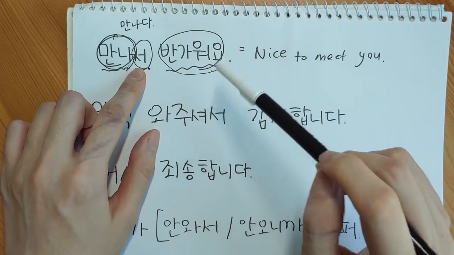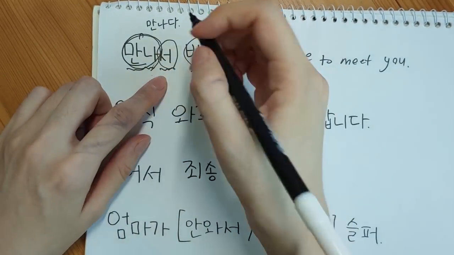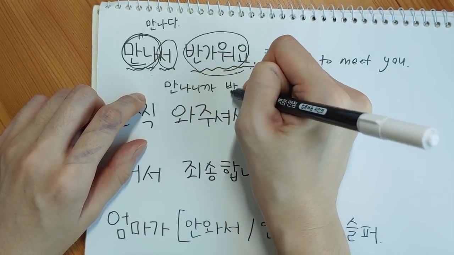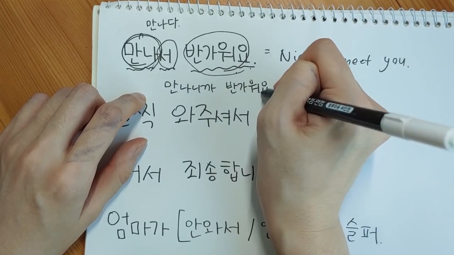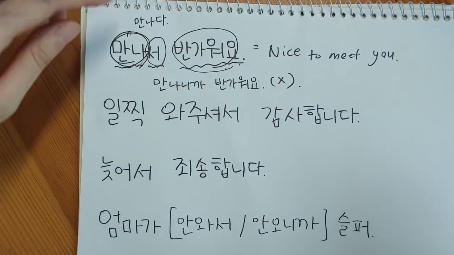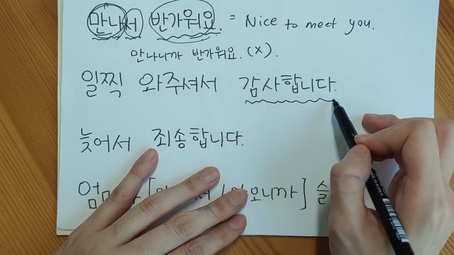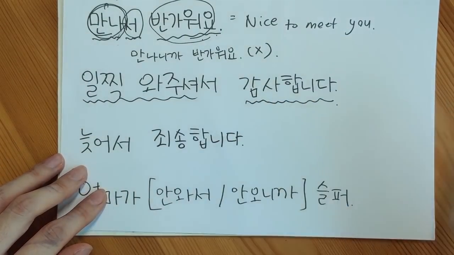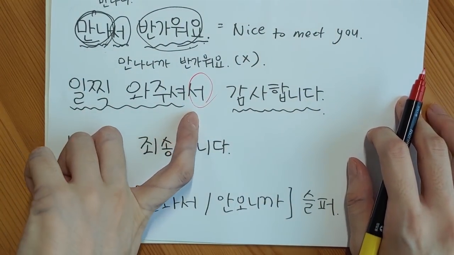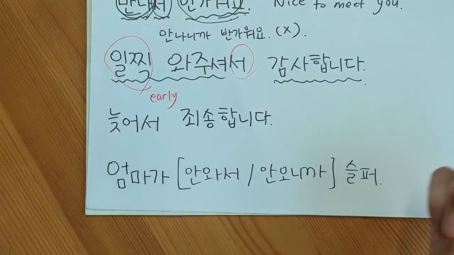So when you're stating a reason for 반가워요, it's much more natural to go with 서. When you say 만나니까 반가워요, to me, it sounds quite awkward. It doesn't sound right. So 만나서 반가워요 sounds more natural. And also, when you want to thank a person for a specific reason, it's much more natural to go with 서. So 일찍 와주셔서 감사합니다. 일찍 is an adverb that means early.